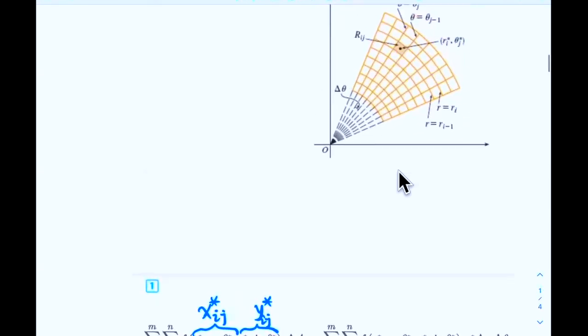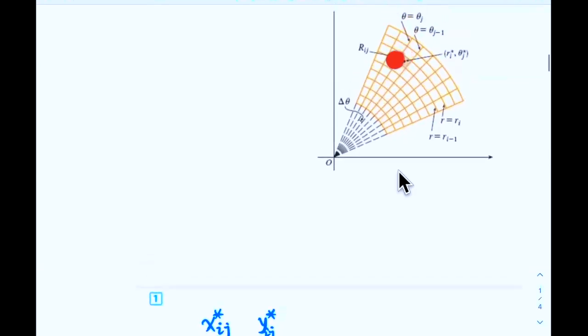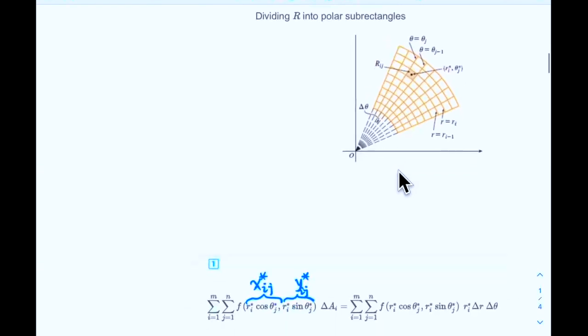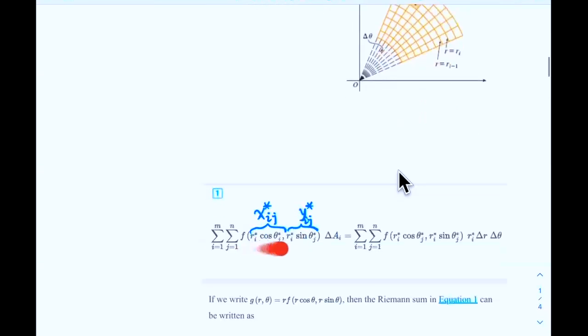Just remember, it's a function value at this point, and then multiplied by the area of this polar subrectangle. Remember last time we used an umbrella, right? So this is the surface, the function, and think about this subrectangle here as a shadow. When we do the integration, you use the function value at this point times this base area. So this is what it does, and then it turned out to have this Riemann sum here.